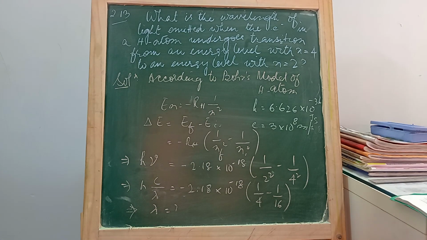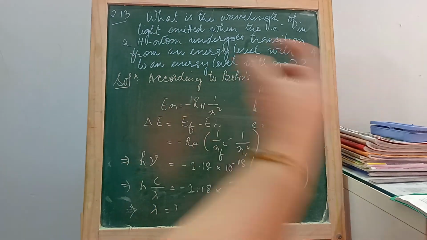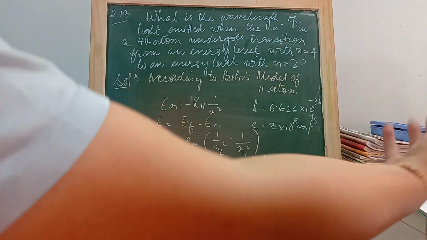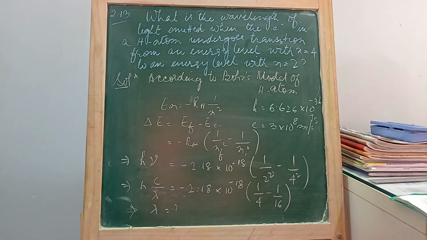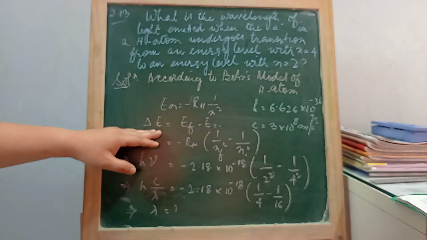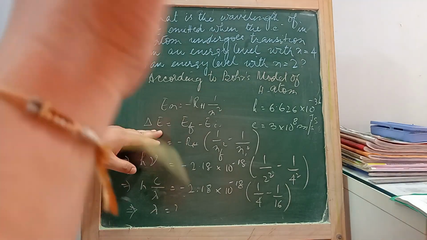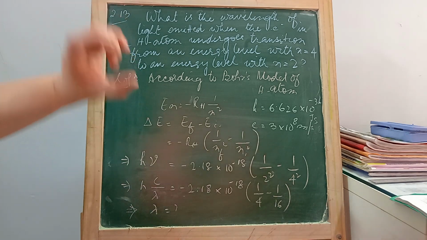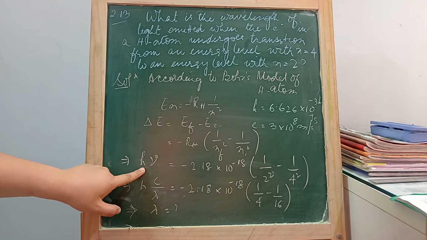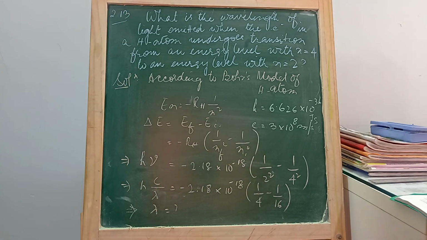This is the way we calculate the wavelength of the light emitted when an electron is transferred from n equal to 4 to n equal to 2. This much energy will be given out as electromagnetic radiation, equal to the energy of one photon, the product of Planck's constant and frequency. Frequency is c by lambda. In this way you can calculate the wavelength.